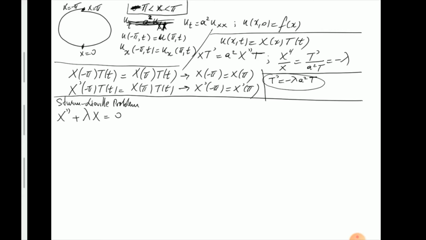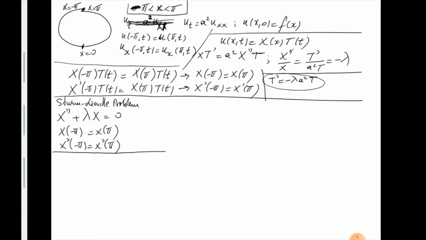And the boundary conditions are X of minus pi equals X of pi, and then X prime of minus pi equals X prime of pi. So that I don't bore you too much, I'm not going to take into consideration lambda less than 0. We can show that it must be 0, just like in the previous eigenvalue problems we solved. Let's analyze what we end up with if we take the two cases when lambda is 0 or a positive number.